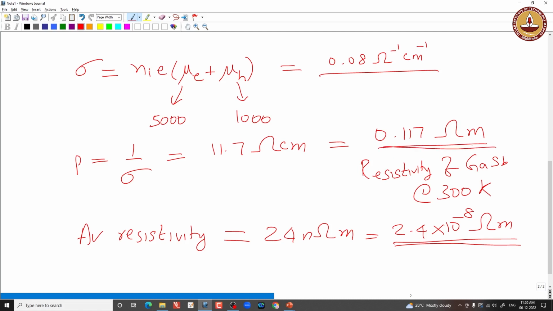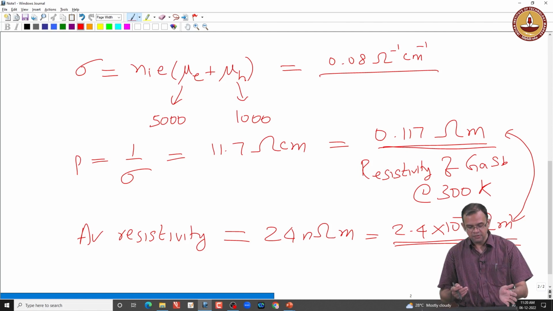Gallium antimonide is a semiconductor, it is not so good, and you can see that there is nearly 7 orders of magnitude difference in terms of conductivity. If instead of gallium antimonide I had an insulator with a much wider band gap, you would have obviously a much higher resistivity, much lower conductivity, and again the difference will be orders of magnitude.